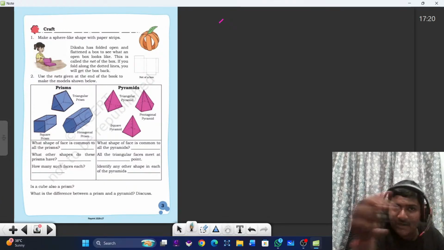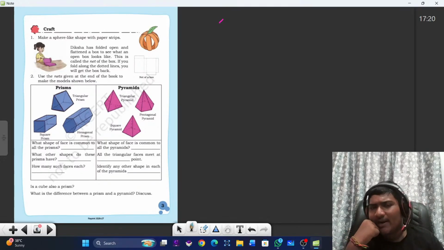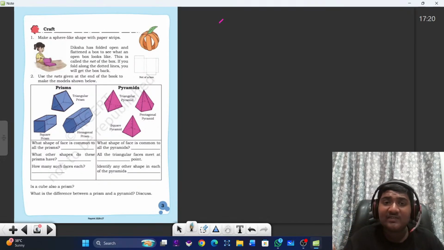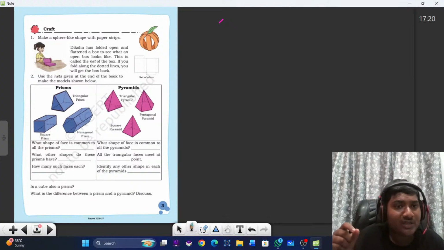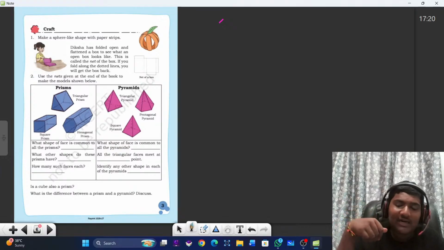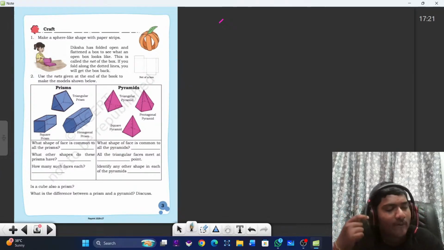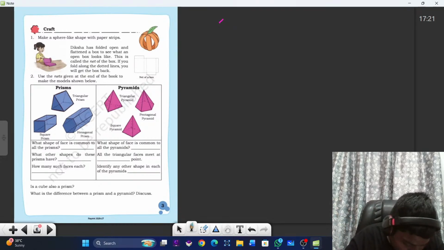So Diksha opened one of the small boxes and she was very curious what was inside. She called it the net of the box. If you fold along the dotted lines, you will get the box back. So along the dotted lines, the box will be normal again. Okay.